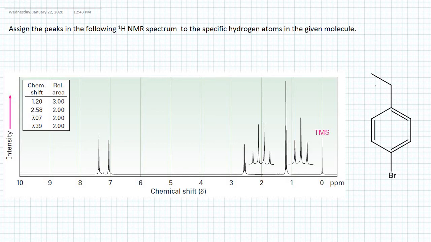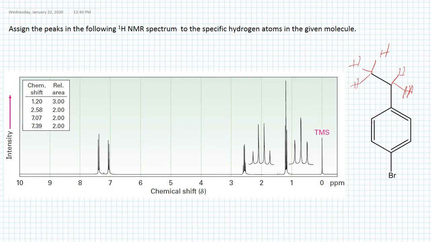in the molecule. Let's start from the upper part of the molecule. Here we have a primary carbon having 3 hydrogens. And next to primary alkyl carbon, we have here a secondary carbon having 2 hydrogens.